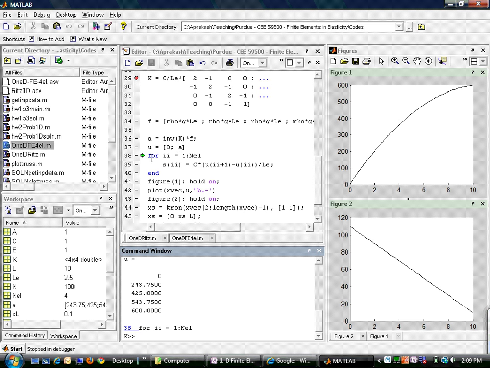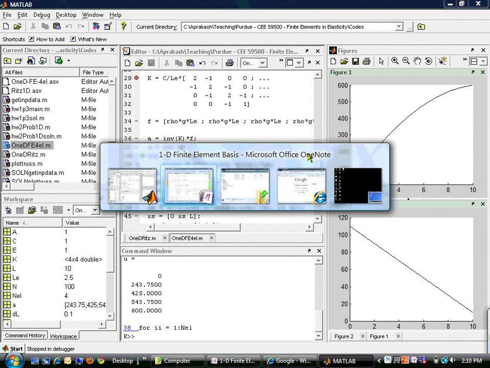Now this next part is for calculating the stresses, and this is a little different than the one that we did previously. Previously in the Ritz method, once you calculate your scalars, your coefficients A, you can simply plug them into the expression for the stresses. But these finite element basis functions are a little bit different.